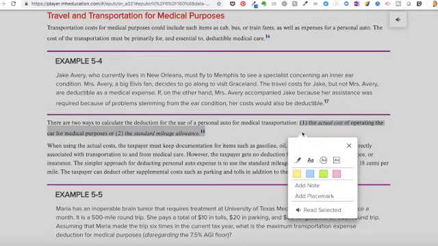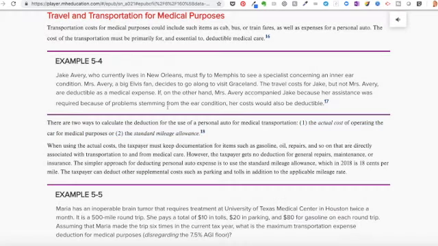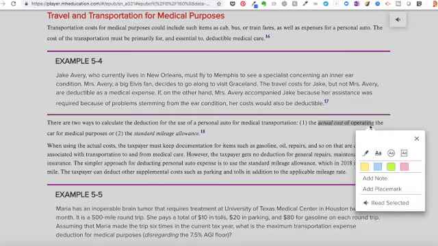There are two ways that you can calculate the medical expense deduction for using your automobile to travel to receive medical care. And the first is the actual cost incurred, which really just includes gas for driving. It doesn't include, like, if your car breaks down, right? Because that's wear and tear from the car.